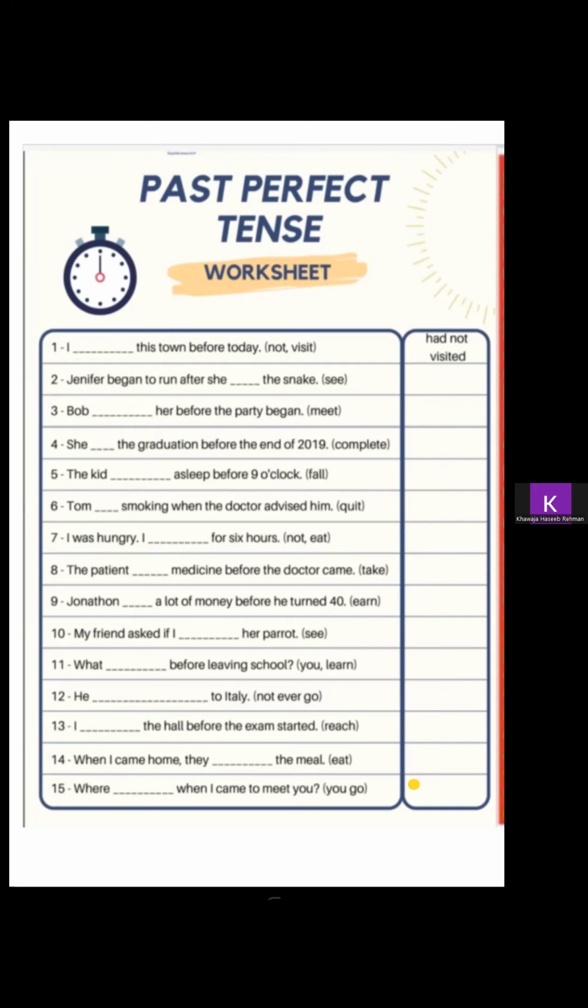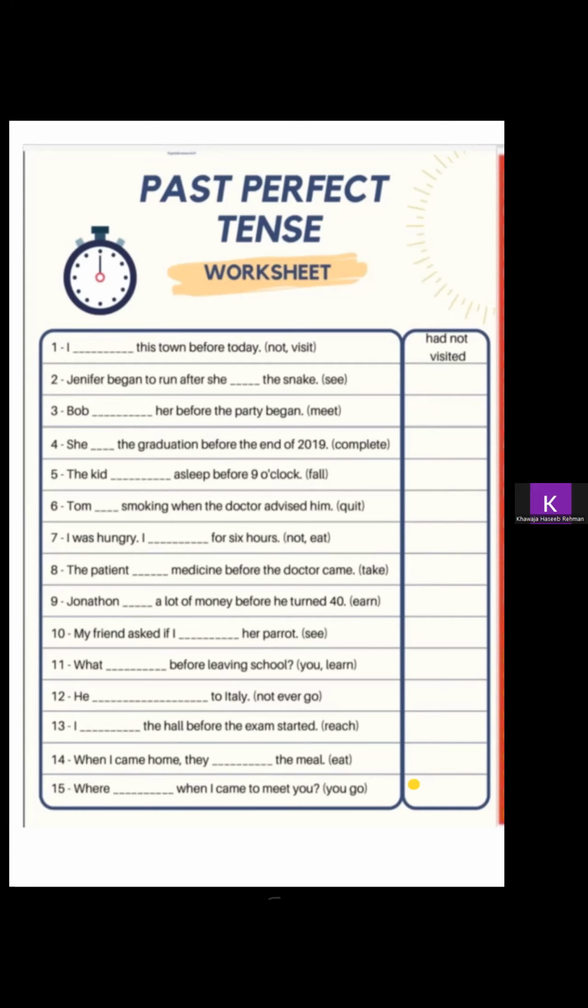Okay, ma'am. Make it again, Iman, beta. She had completed the graduation before the end of 2019. She had completed. Completed, third form. Okay? Okay, ma'am.